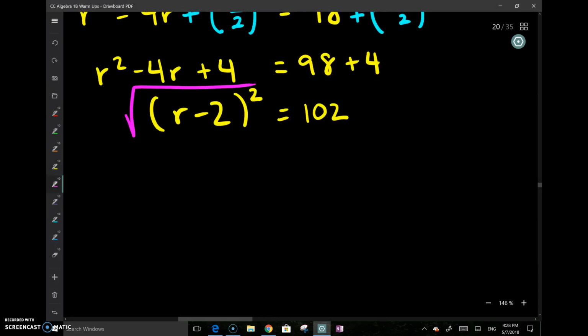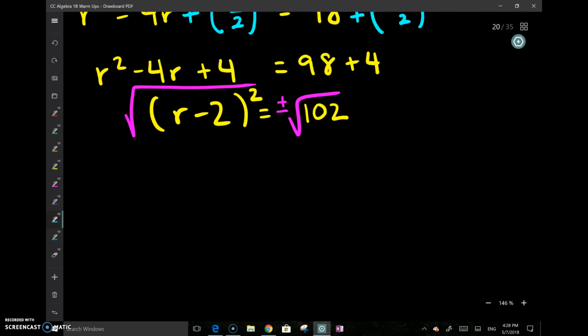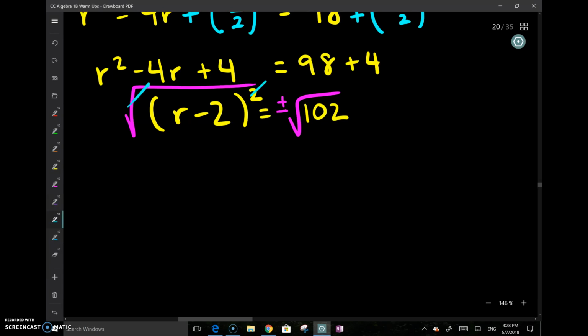Okay, so we need to kick that power of 2 out of the picture so we can get at the r. So I'm going to take the square root of both sides. And once again, remember, when you're solving and you end up doing the radical or square root on one side, you must give it a plus minus to indicate the possibility of having two answers. So the radical and the power of 2 cancel out, leaving just r minus 2.